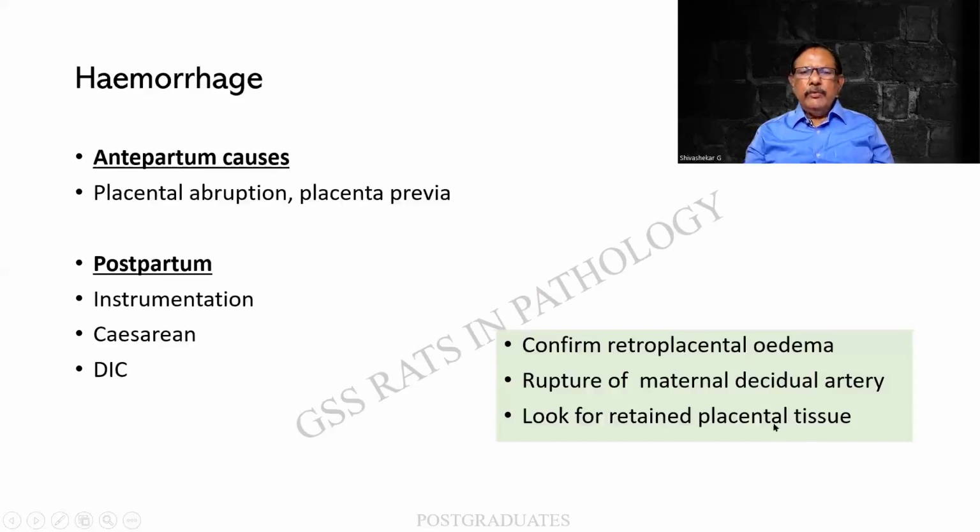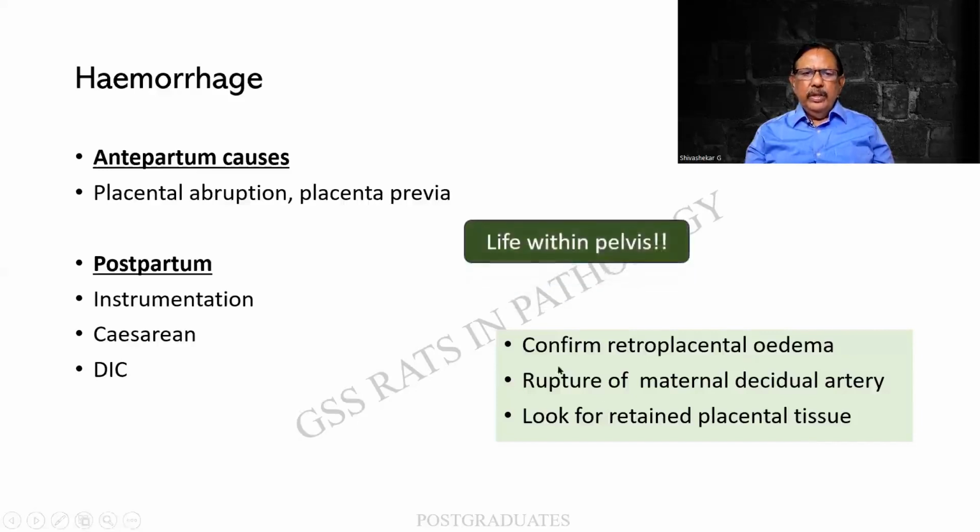And you'll also have to look for any retained placental tissue. Any retained tissue, even if it is the patient's own, will be acting as a foreign body. So this is all life within the pelvis. Certain things we saw outside, and this is purely the pelvic property.